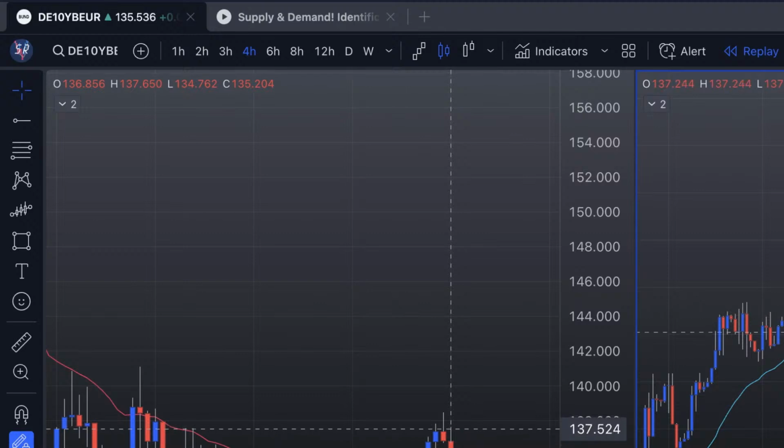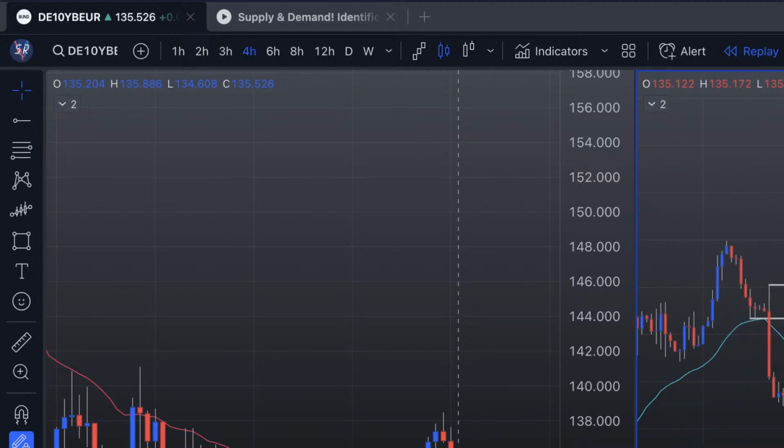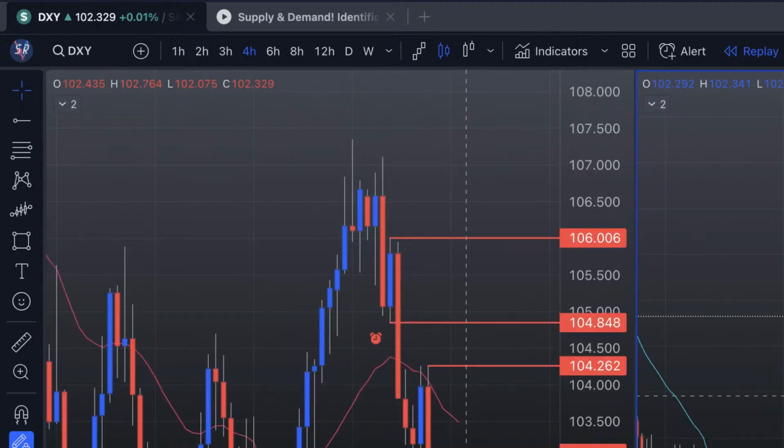That's exactly what it does. Sells off all the way down to here, but now it sells off into an area of demand. And so you can see the price is starting to swing back up. No surprise.